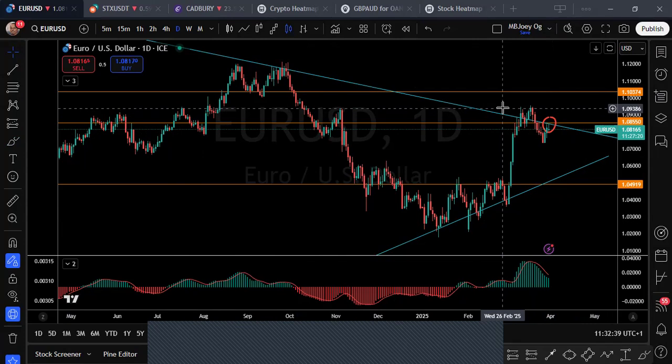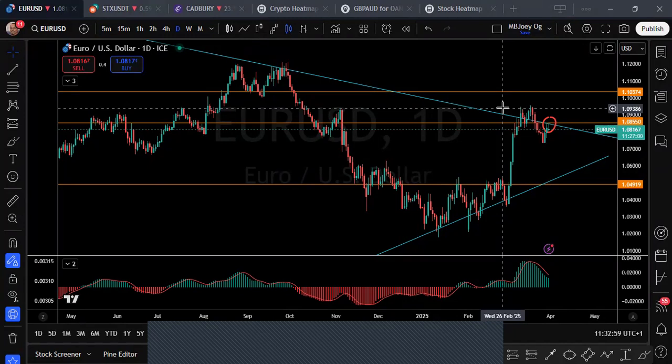It is sitting both on the support and resistance area as well as the trend line. Does that make sense now? Yes. So that is one piece of information in addition to what we already have.